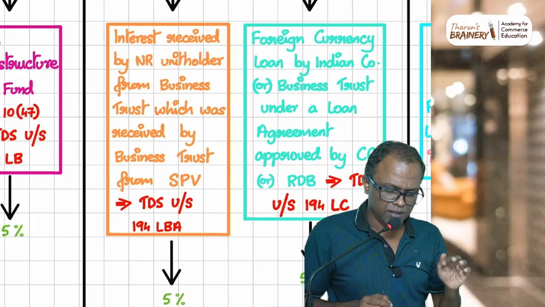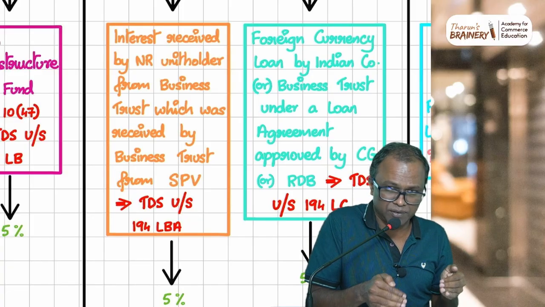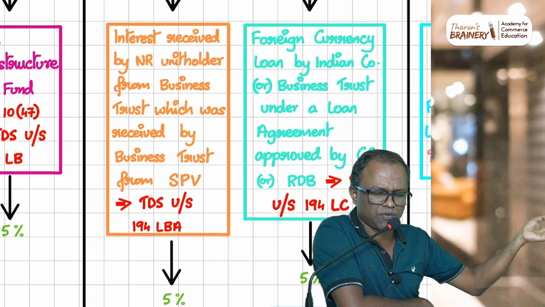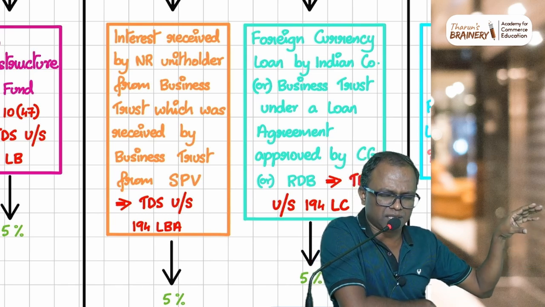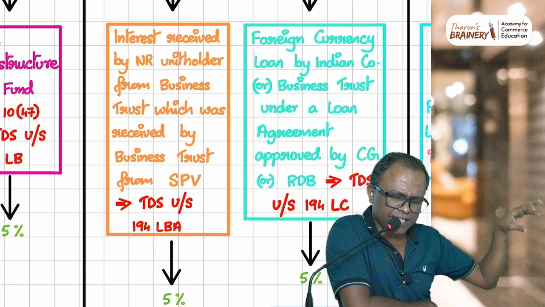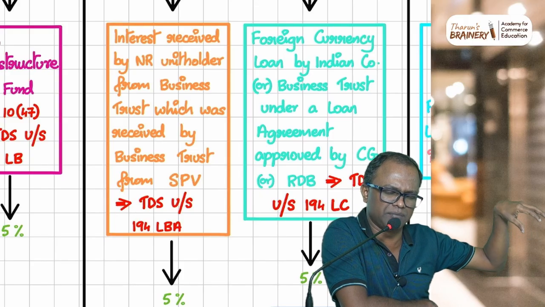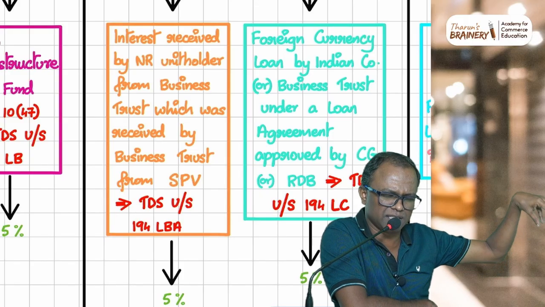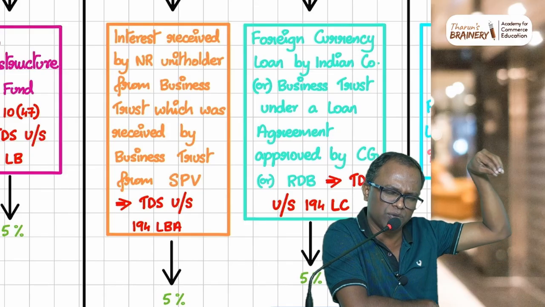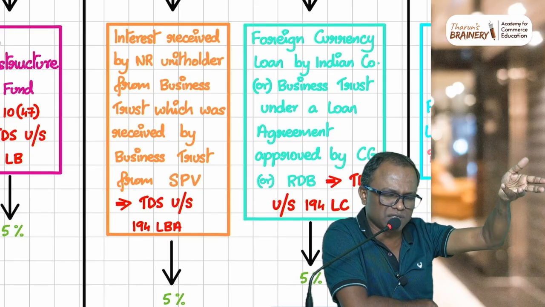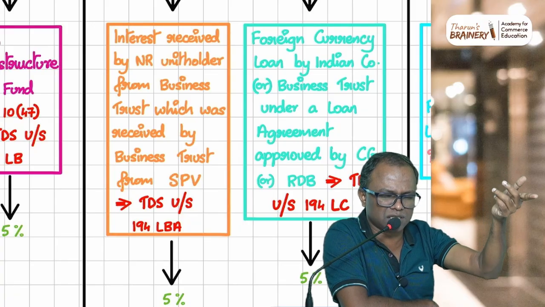Or it may be received by the business trust from an SPV, that is, the business trust invests the money in a special purpose vehicle, which will be an Indian company whose main object is real estate development, and the SPV will give interest income in return for the investment made by the trust in that SPV. The SPV, that is an Indian company, will give interest income to the trust. The trust cannot keep that income, they should distribute it to the investor. The ultimate investor is the non-resident unit holder.